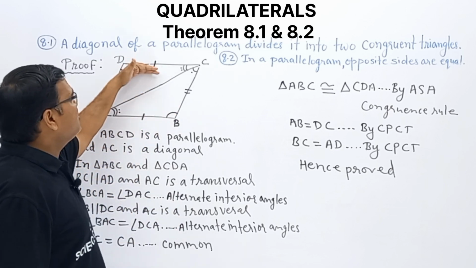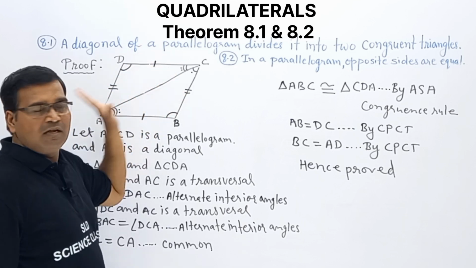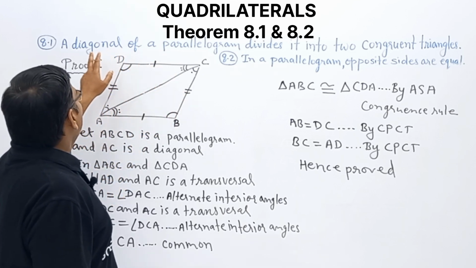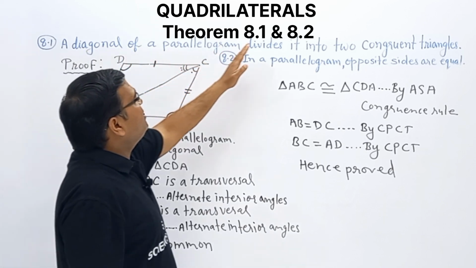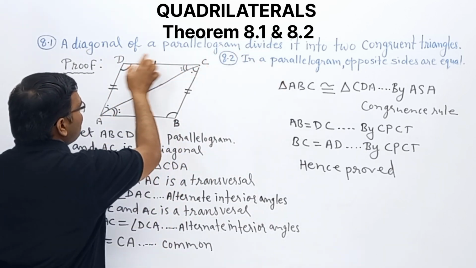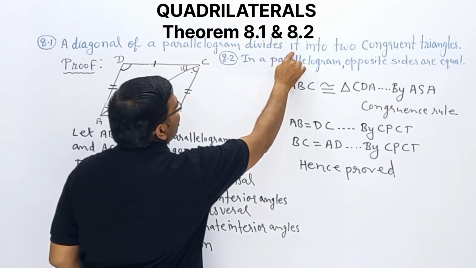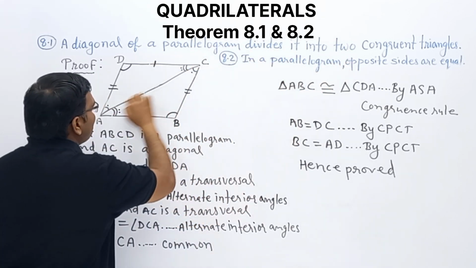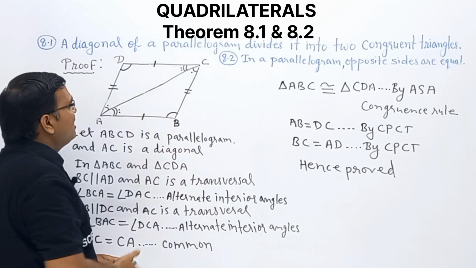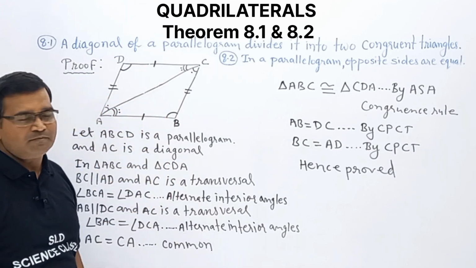Parallel. So this will be parallel and this both will be parallel. Clear? We want to prove what? A diagonal of a parallelogram divides it. This is a diagonal and it is dividing this parallelogram in two. It divides it into two congruent triangles. These two triangles are congruent or not, we want to prove this one.